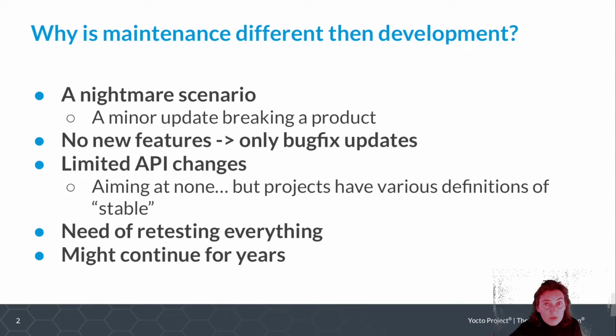So you need to retest either everything or the well-defined part that changed. And of course, you need to retest the update, right? The maintenance effort can last for years. It can last for 1 year, 2 years, 5 years, 10 years, or maybe more depending on the product you're using. So it's better to be well prepared before you actually release it, don't you think?